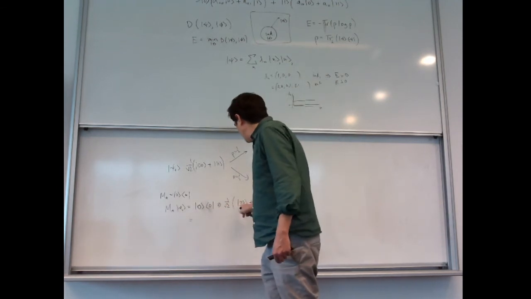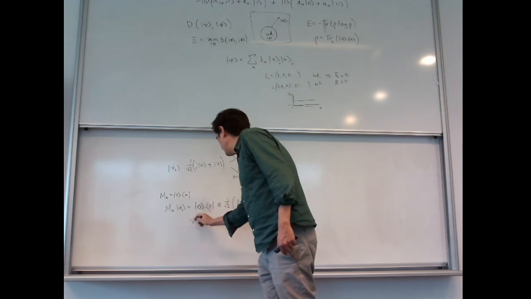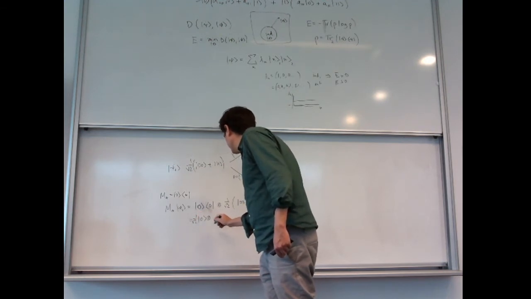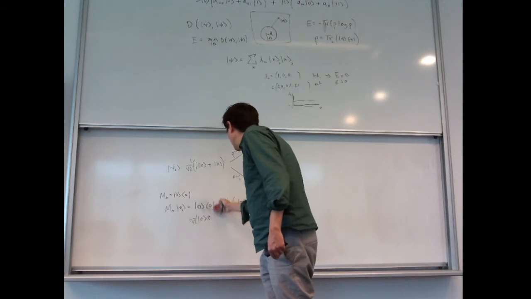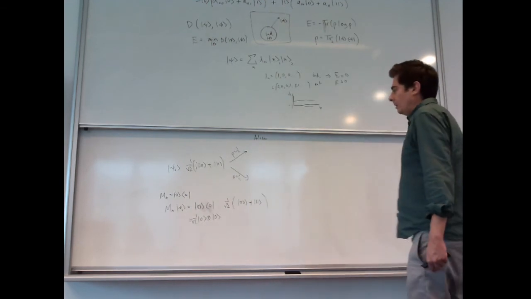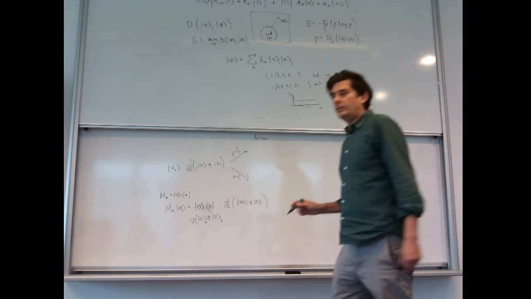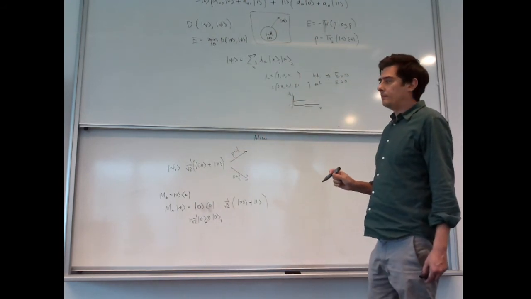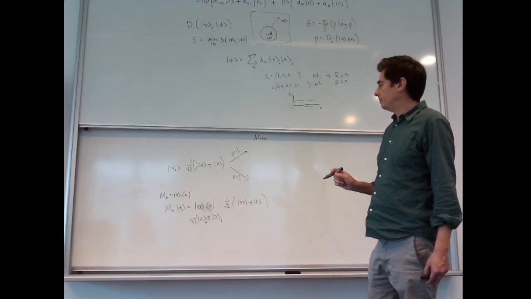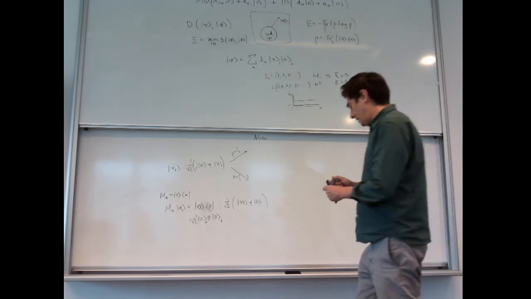So 0 with 0 is going to give 0. So Alice's qubit will be in 0, and Bob's qubit will be in 0. Is the first 0 Alice's state and the second 0 Bob's state? Yes. Okay.